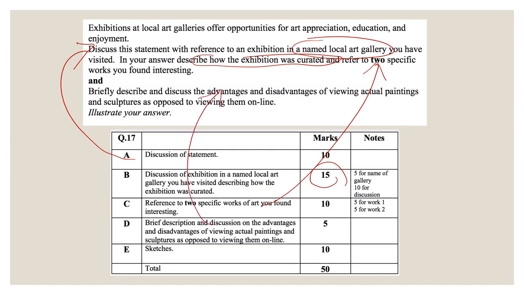And you're asked to do that here. And you get 10 marks for your sketches, which is illustrating your answer. So it's important you get 10 marks for this. That's why your sketches, really good sketches that are annotated, are really important to back up what you're saying in your actual text.